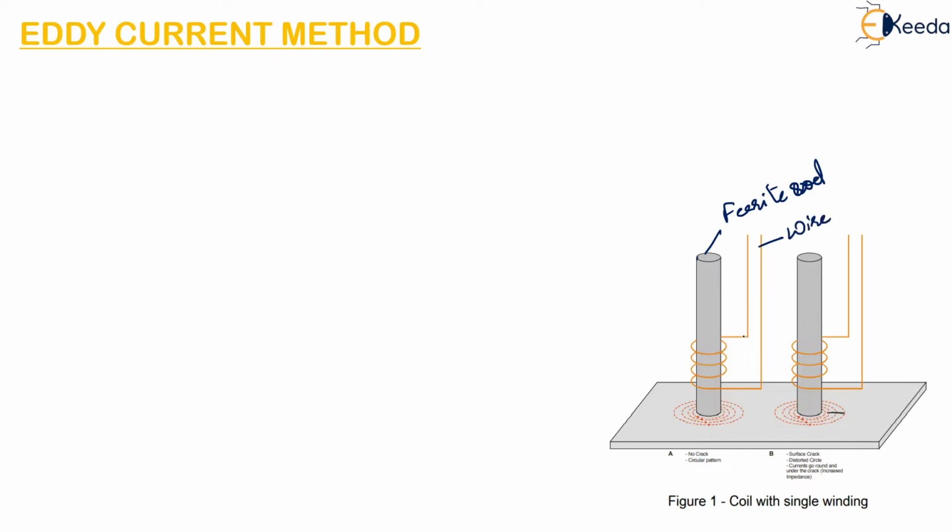So this is the wire with number of turns. So this rod is placed close to the surface of the product to be tested. So here you can see that there is no crack and this pattern of the eddy currents is a circular pattern.